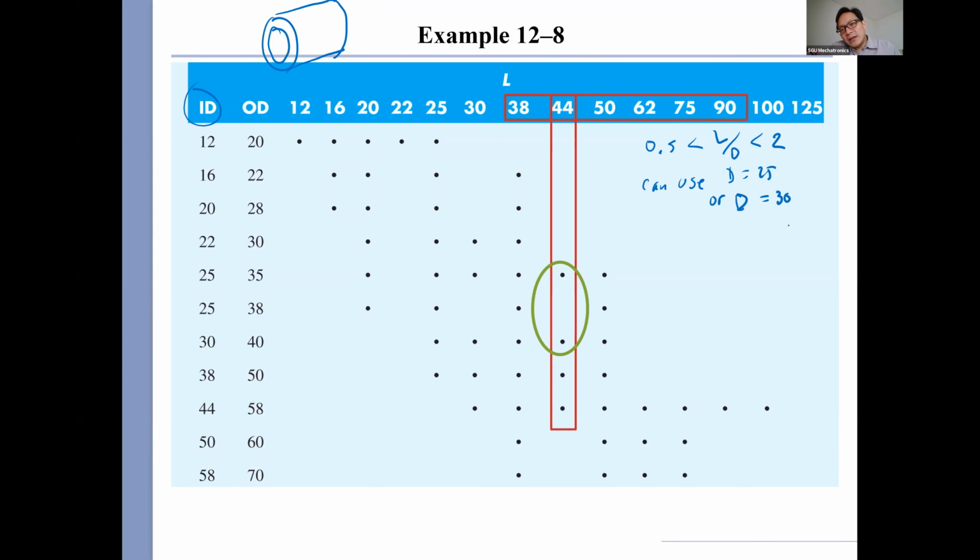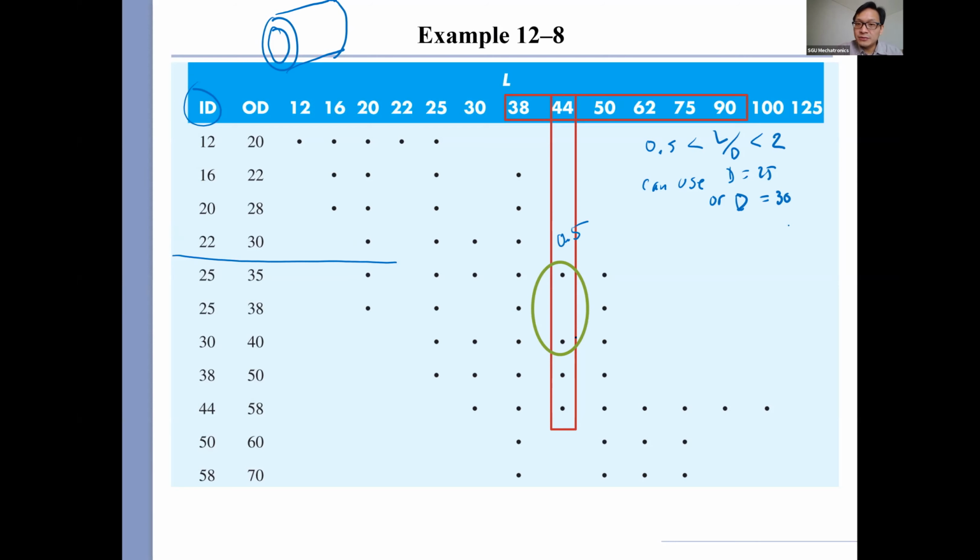Okay, so if I take L over D equals 0.5, then that gives me a lower boundary of 22, right? Here the limit is L over D is 0.5. If L over D is 2, then that's way down here. Oh, sorry.